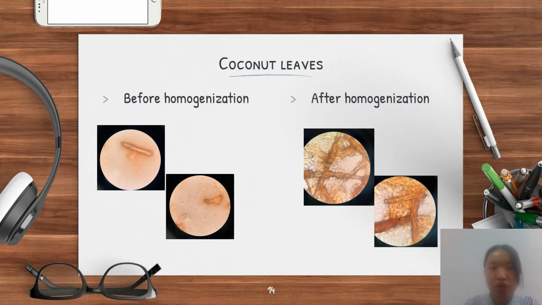Coconut leaf after homogenization is not as high as sugarcane or lemongrass because the coconut leaf structure is harder. Actually, from the physical structure of the original leaf, we can observe that lemongrass and sugarcane leaf are softer compared to the coconut leaf.